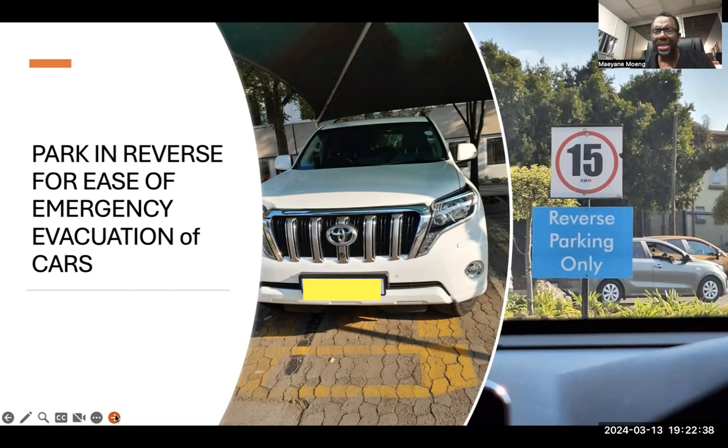If you recall one of the incidents that we had in this hospital where we needed to evacuate, there was an extra delay that could have been avoided. So when you park in reverse, at least when you're coming in, the fixed positions are all linked. The risks are less, and when you need to leave in a hurry, you will find that parking in reverse is the best way to do it.